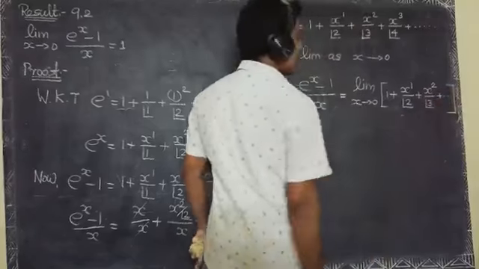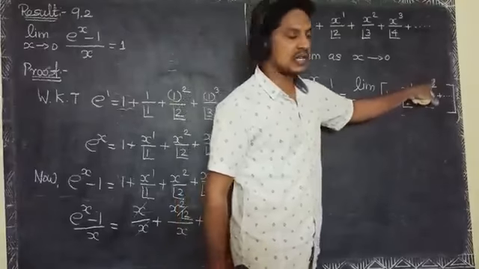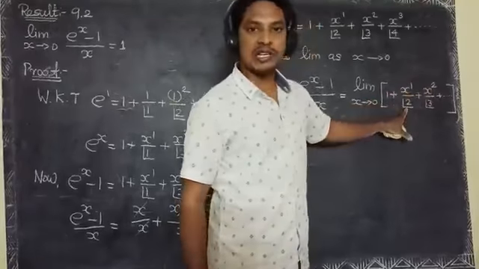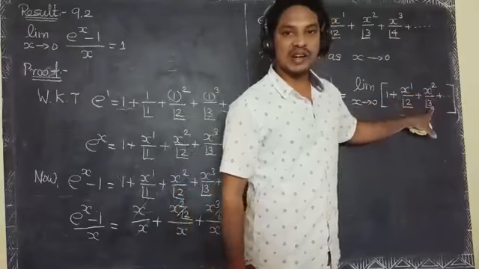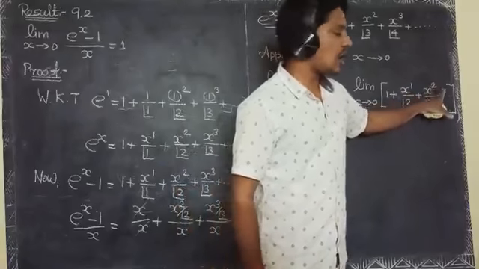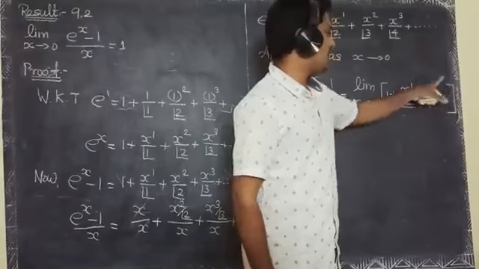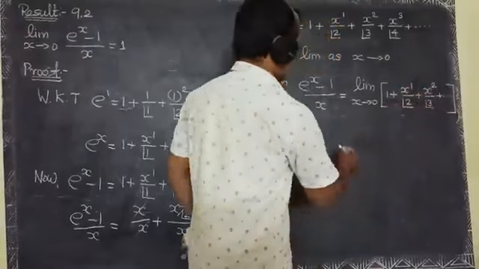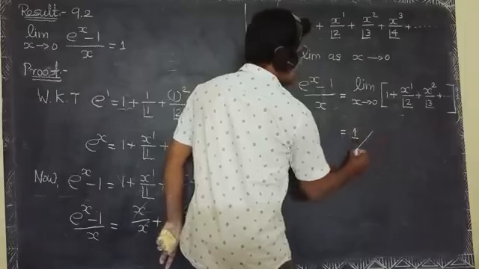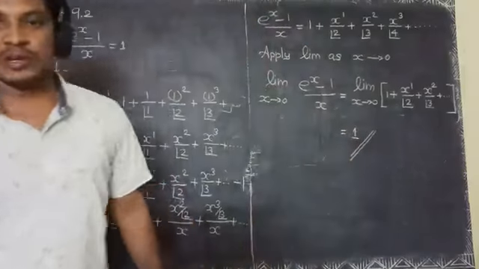Here, replace x equal to 0 in the function: 0 divided by 2 factorial is 0, 0 divided by 3 factorial is 0, and so on. Finally we get 1 plus 0, which is equal to 1. Hence proved.